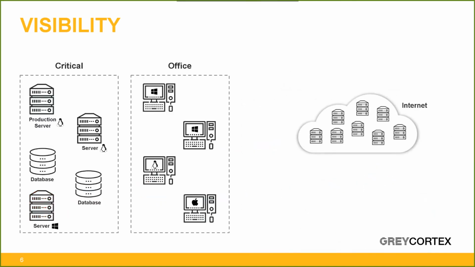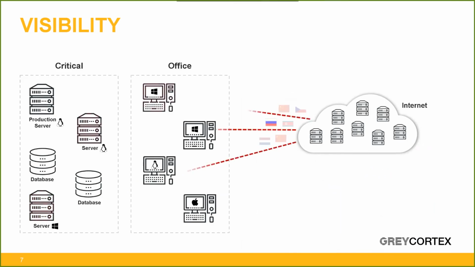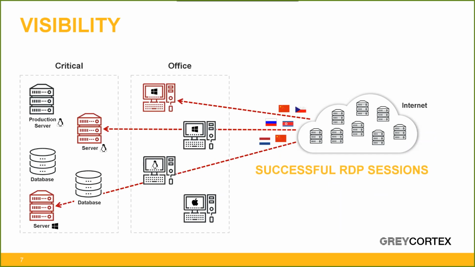And that's basically not all, because every infrastructure today is connected to other networks, like the internet. So we are not only monitoring how your devices are communicating with each other, but also how they are communicating with systems in the internet, and also who is connecting from the internet to your devices in your infrastructure.